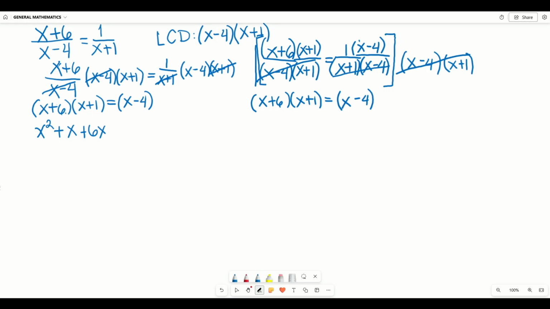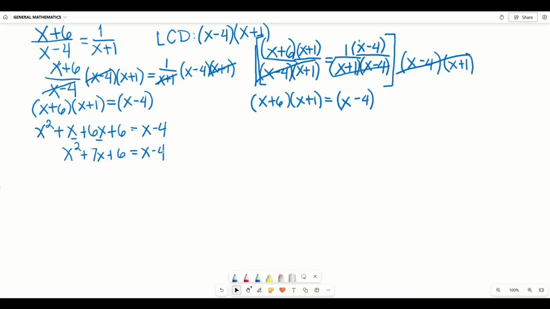And the last terms, 6 times 1 is 6, is equal to x minus 4. And then I'll simplify this. Combining the similar terms, we have x and 6x. So I'll get x squared plus 7x plus 6 is equal to x minus 4.